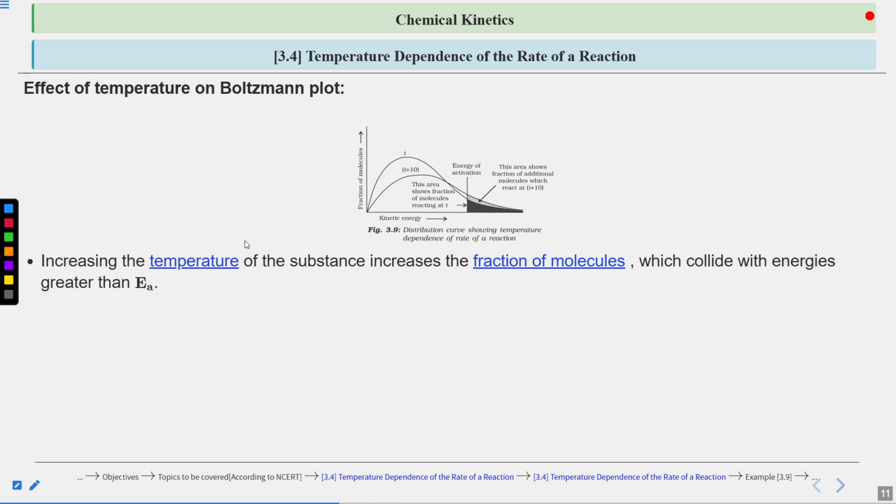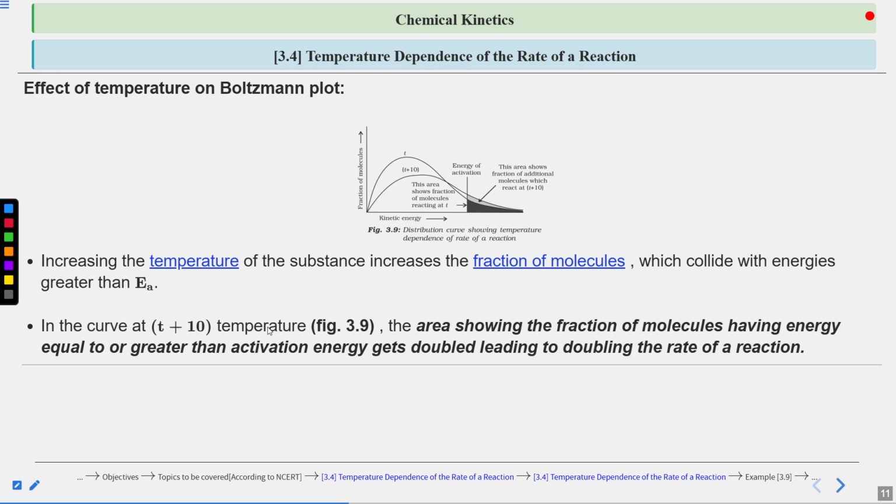What we are saying is, if you increase the temperature in a chemical reaction, it will increase the fraction of molecules which collide with energy greater than EA, because with the increase of temperature their energy is also increased. So the fraction of molecules increases because more molecules have energy greater than EA.